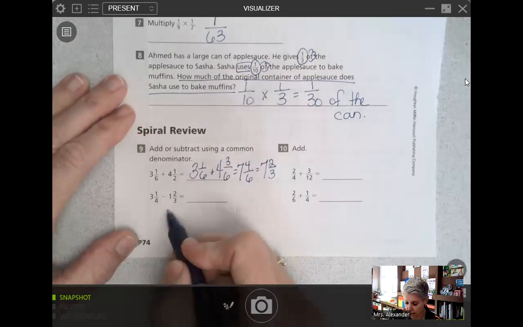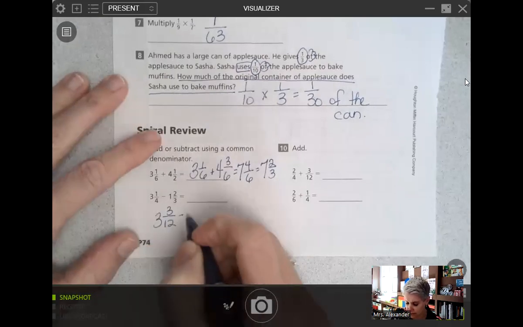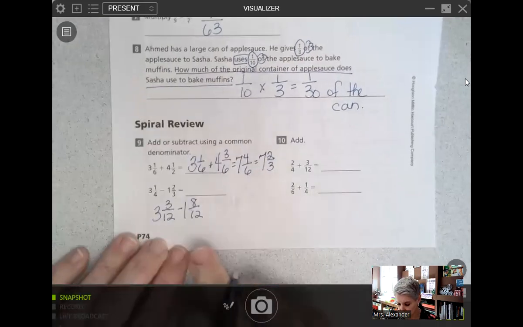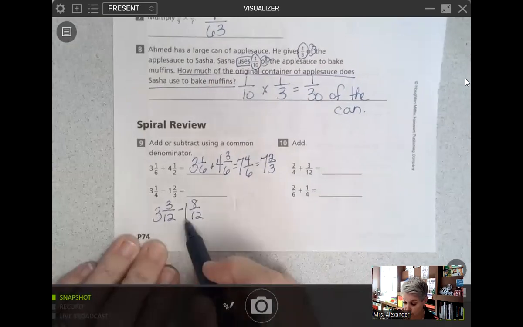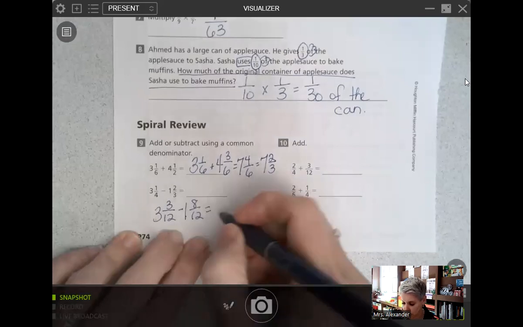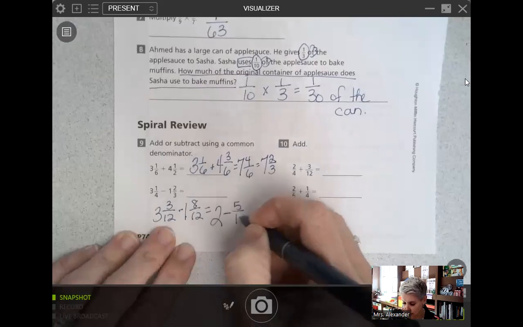Here, I have a 4 and a 3. I'm going to use 12. So I have 3 3/12 minus 1 8/12. Oh, I cannot do 3 minus 8. What I can do is subtract my whole numbers. 3 minus 1 is 2. 3 minus 8 is a minus 5/12.